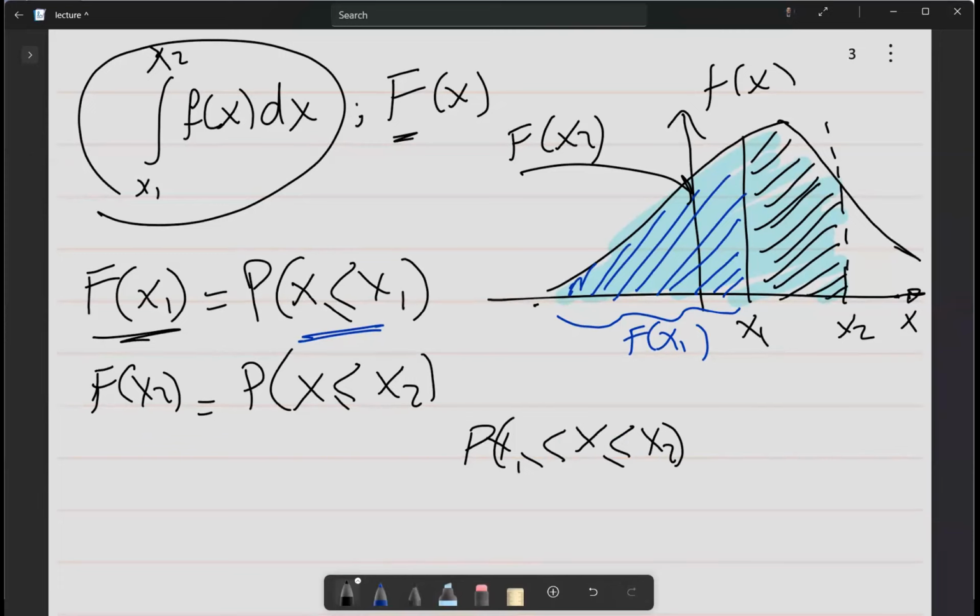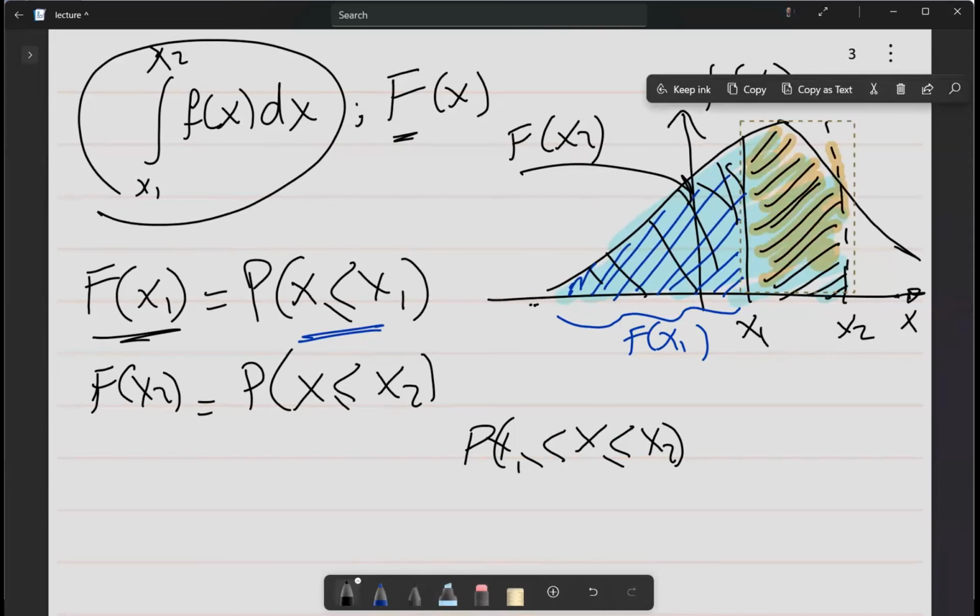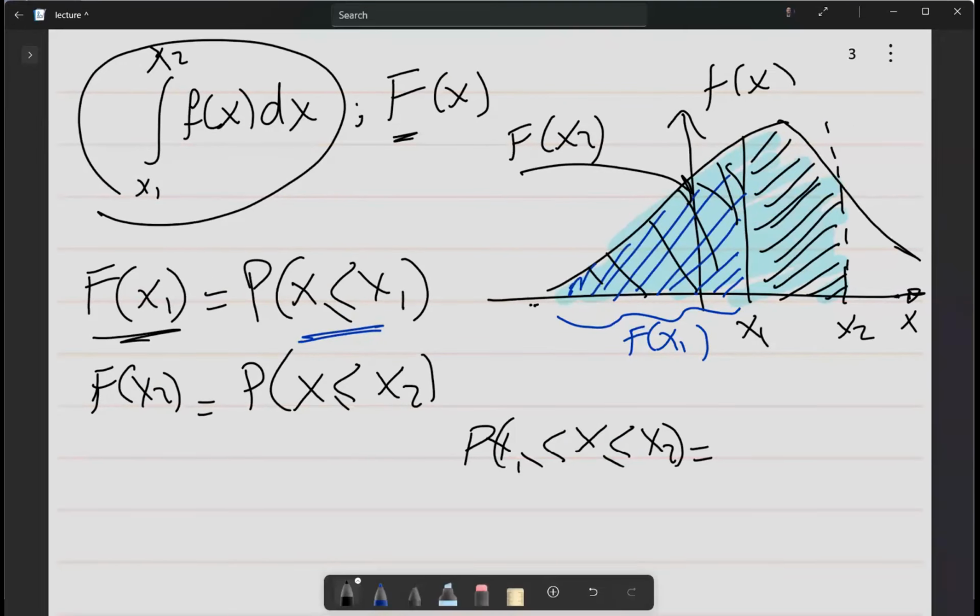The CDF of x1 will give you the area from x1 up to minus infinity. If you subtract them, this part will be removed, and you will have only the area between x1 and x2, and in this case, it will be simply F of x2 minus F of x1.